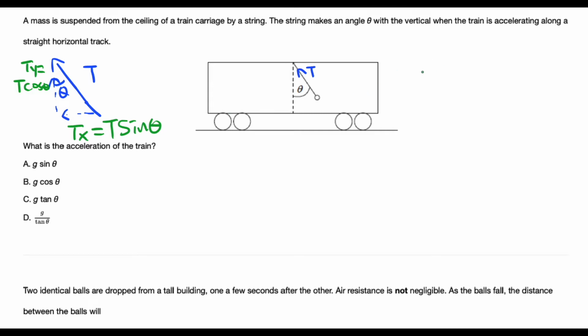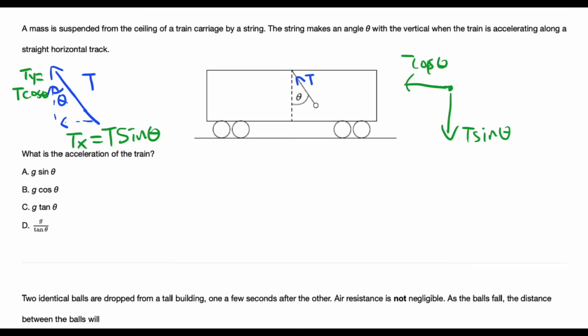So here T cosine theta and T sine theta. Oh, sorry, I think I mixed up something. The vertical component is T cosine theta.